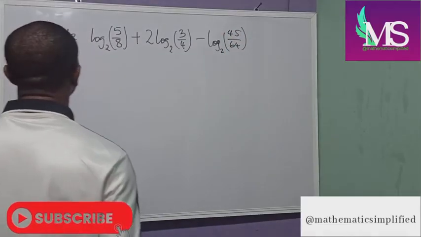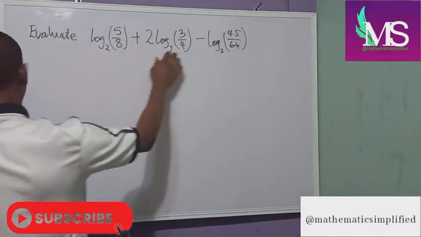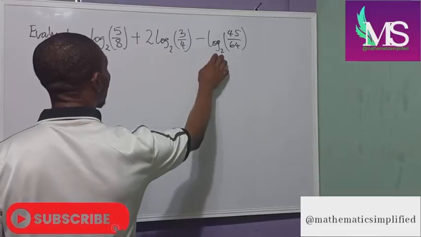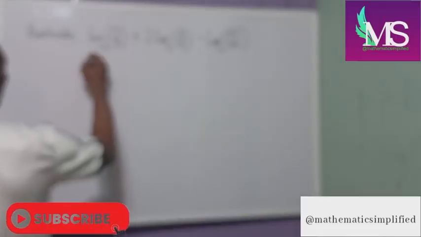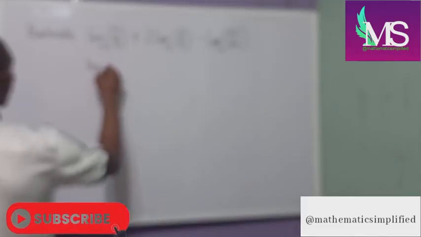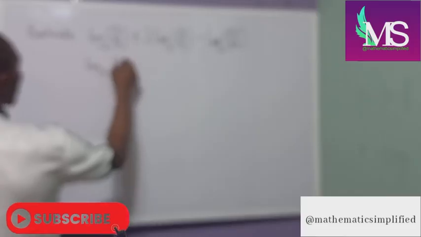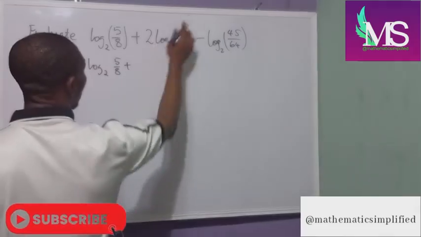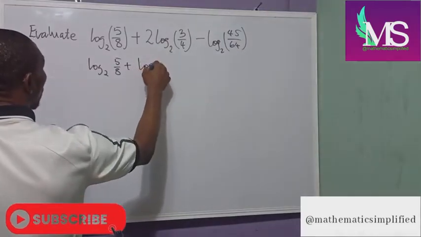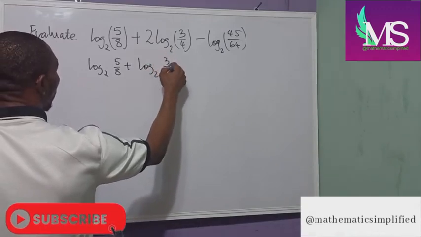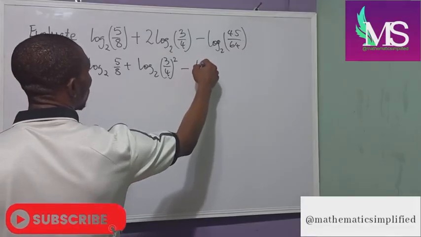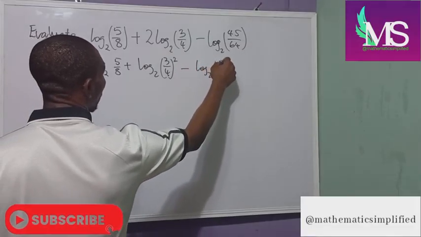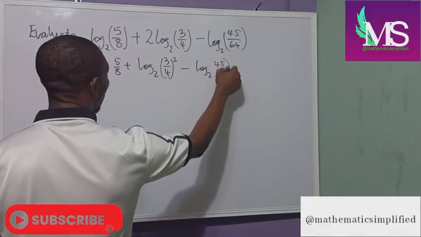Now, in evaluating this, we can see that they are all in the same base, log 2. So we can turn this into log 2 of 5 over 8 plus log 2 of 3 over 4 all squared, minus log 2 of 45 over 64.